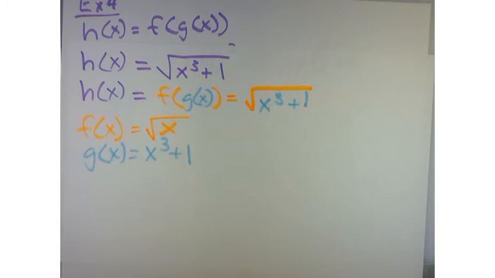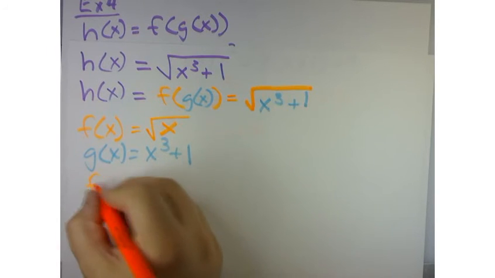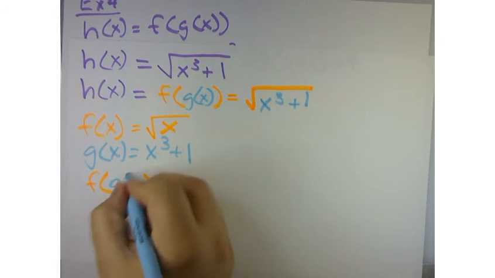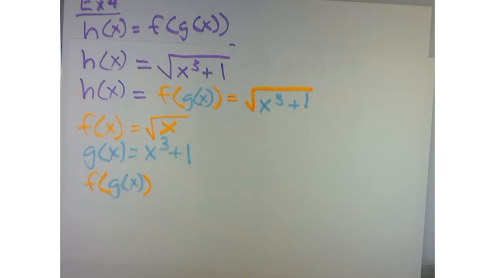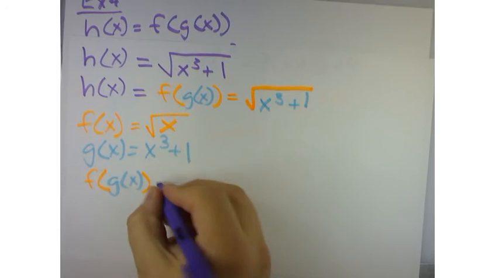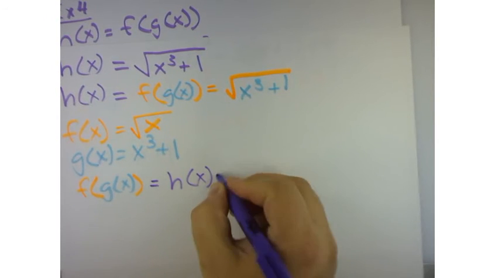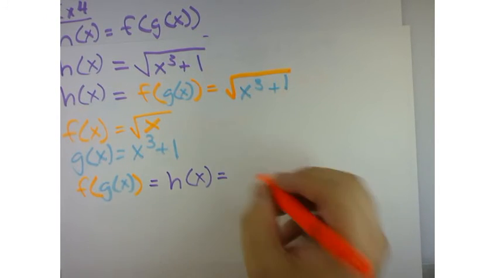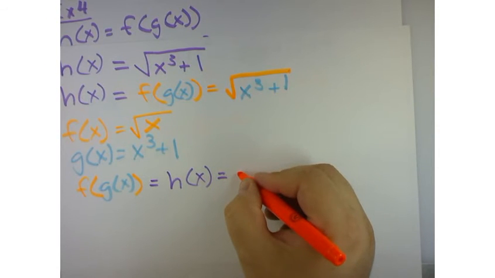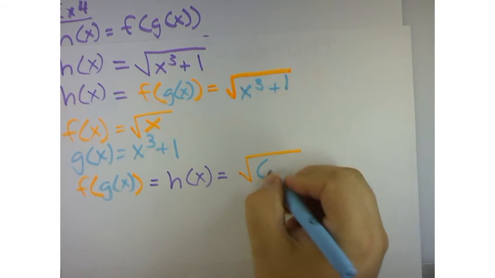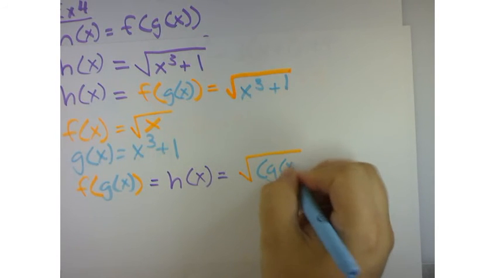Now we want to verify this. So one way that I could verify that Mr. Adams did it correctly is I could say f of g of x is equal to h of x, which is equal to, now I'm going to do the square root symbol, and I'm going to plug in g of x.